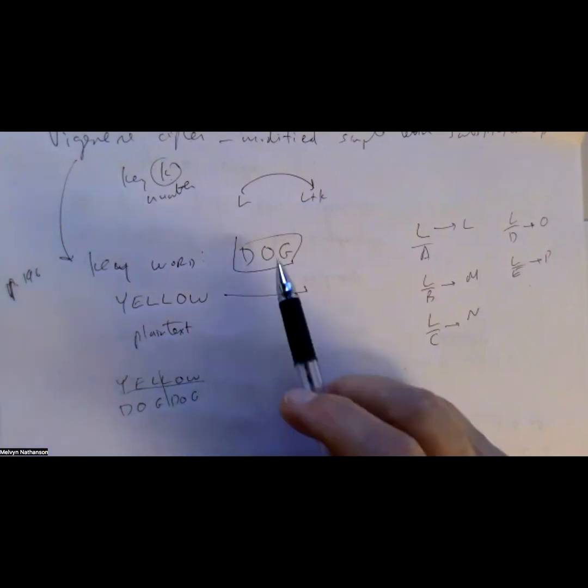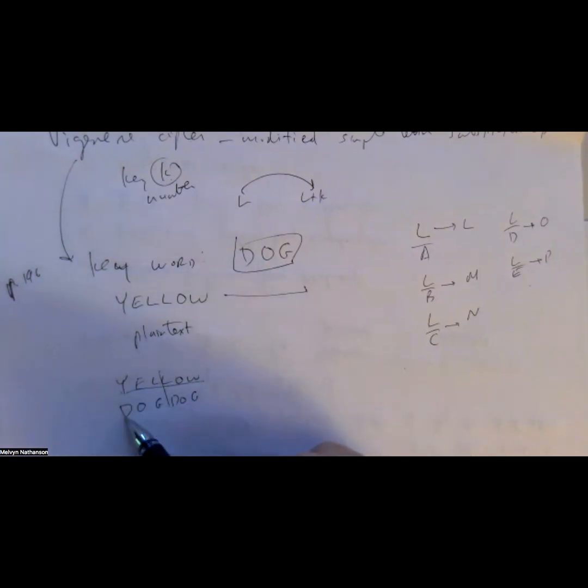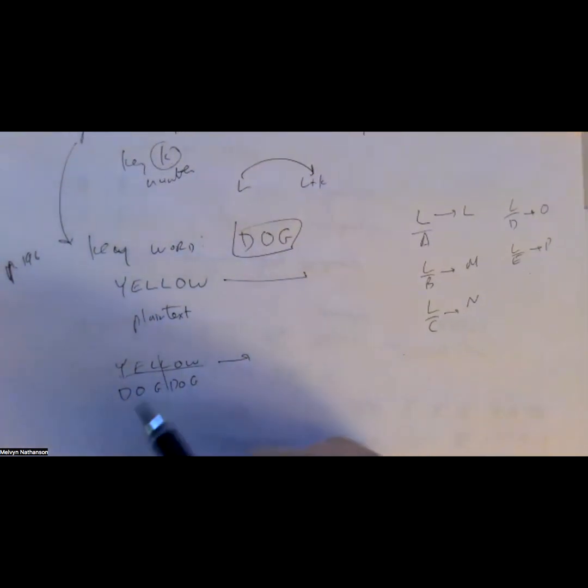So you have your plain text. Under it, you write over and over again your key word. And under each letter, that tells you how many moves around the alphabet you do to encode the letter.